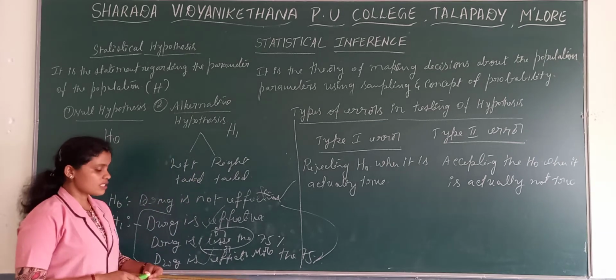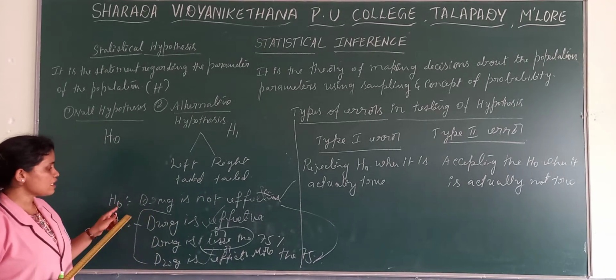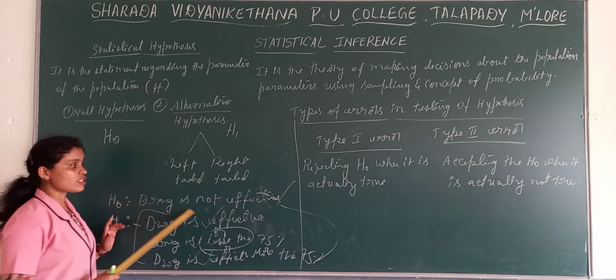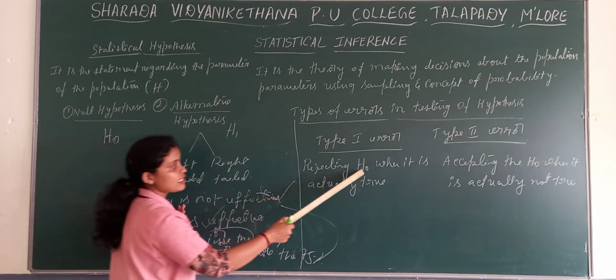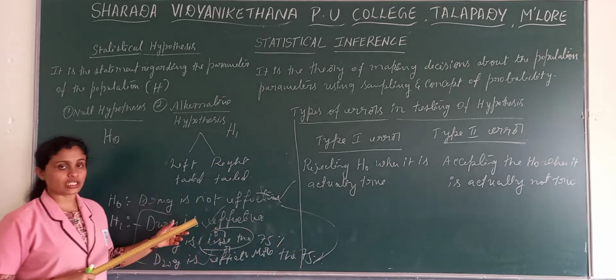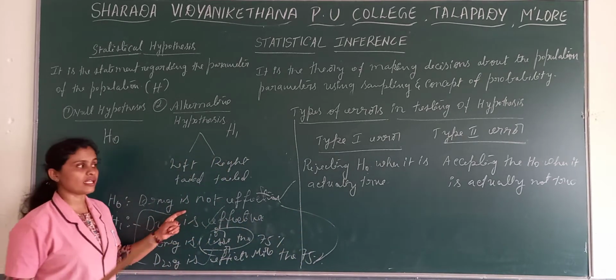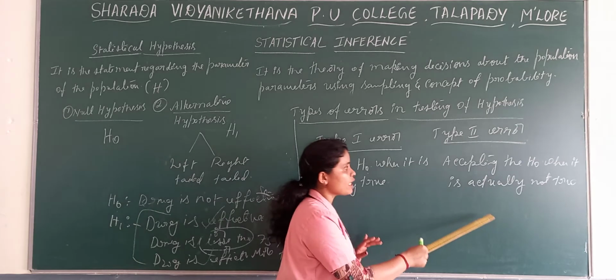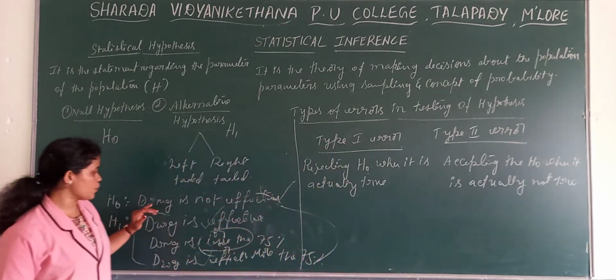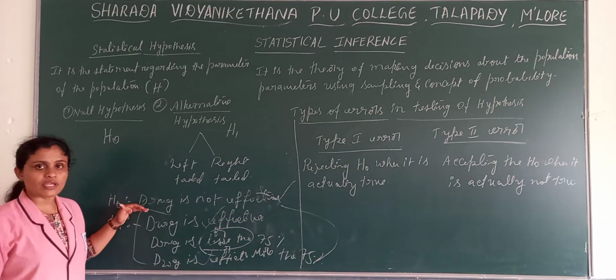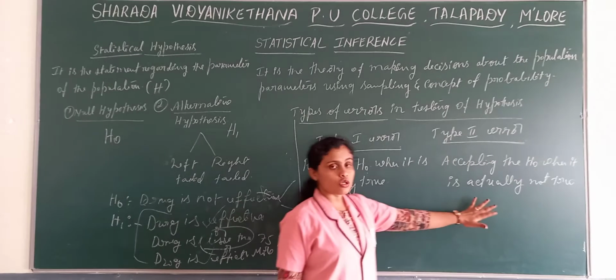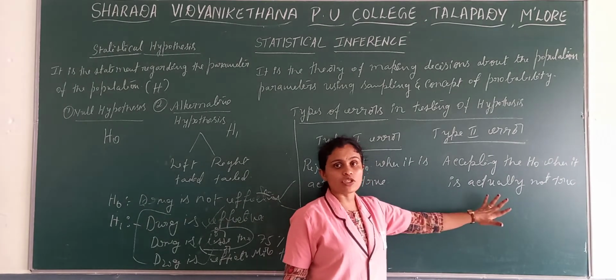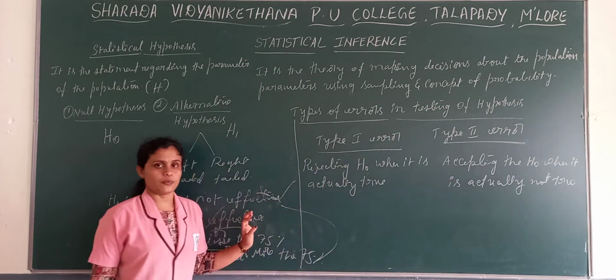In case of type 2 error, we accept the null hypothesis, but actually it is not true. So these are the two kinds of errors which we commit while testing the hypothesis.